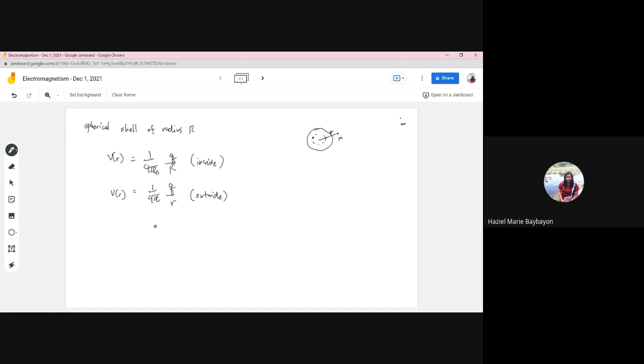Okay? And then for a solid sphere, again with radius R, so this time it is not hollow, no? Your sphere is not hollow.